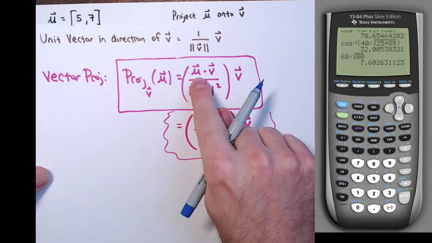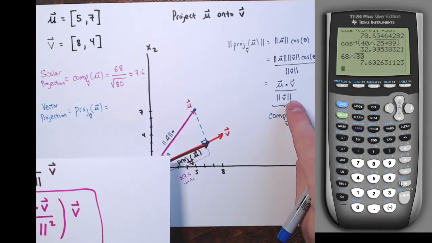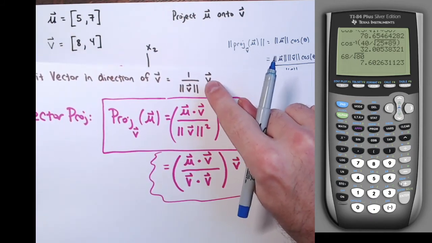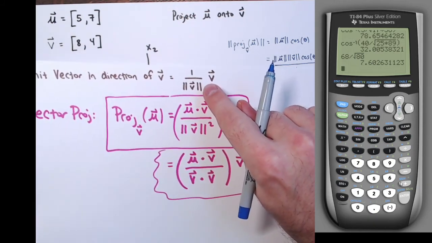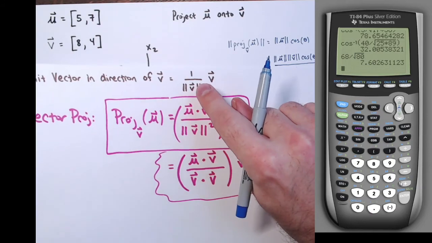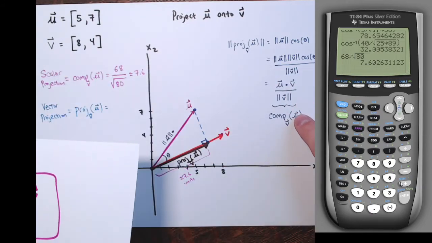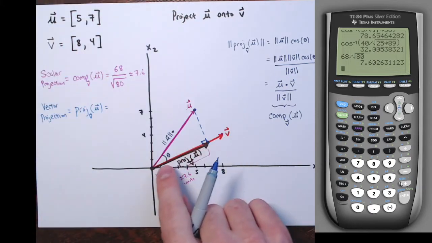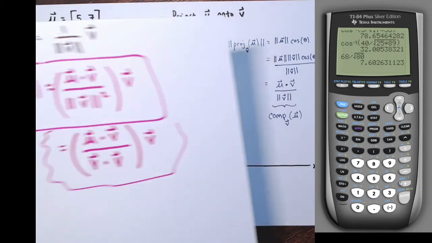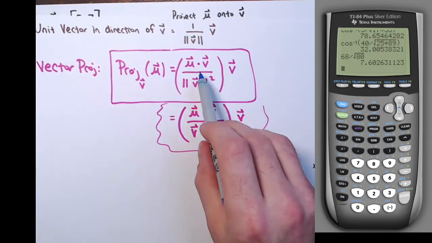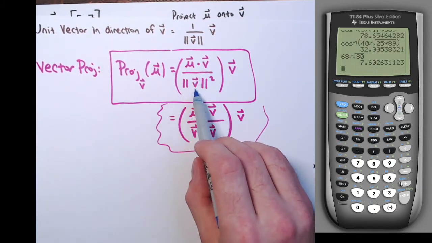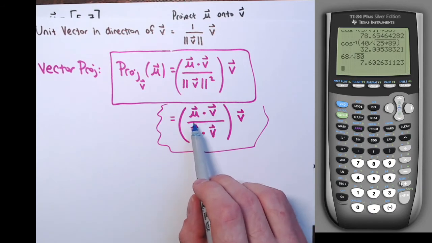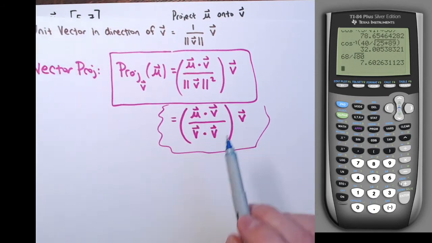It's basically this component multiplied by the unit vector in the same direction as v. If you take the unit vector in the direction of v and multiply by this component, this scalar projection, you get the vector, this brown vector that I've drawn here, the components of this brown vector. So you can think of it as u dot v divided by the norm of v squared, times vector v, or u dot v divided by v dot v times vector v.